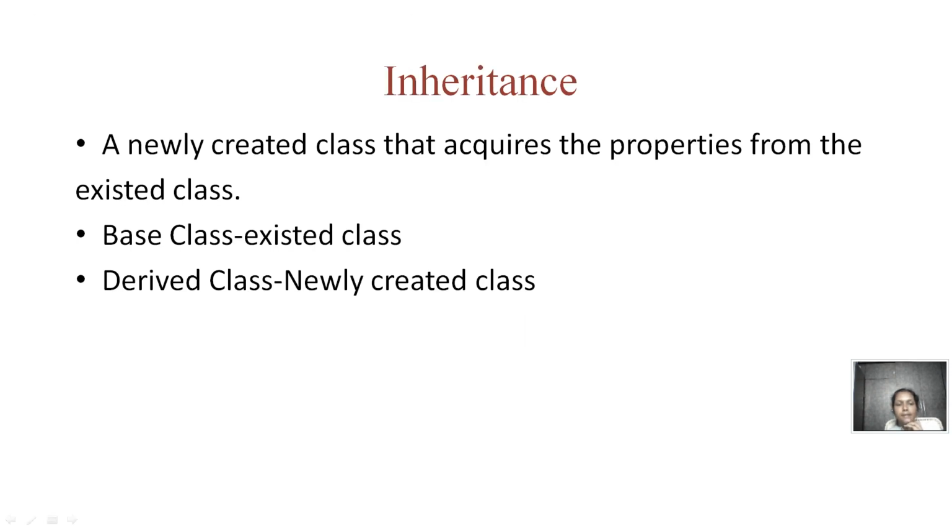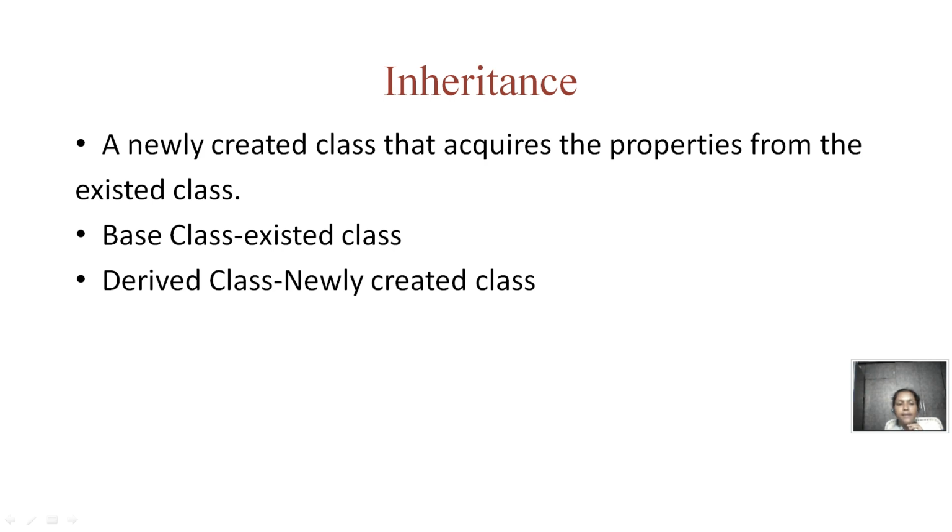What is inheritance? The definition is: whenever we create a class, that class would like to acquire the properties from an existing class without redeclaration or rewriting. This is possible with the help of a concept called inheritance.